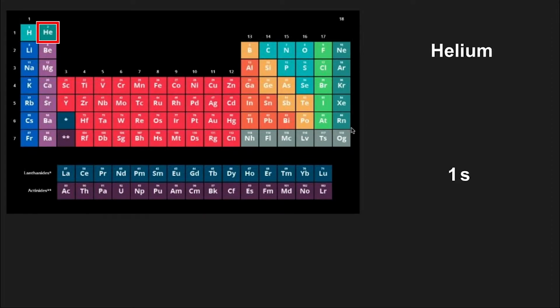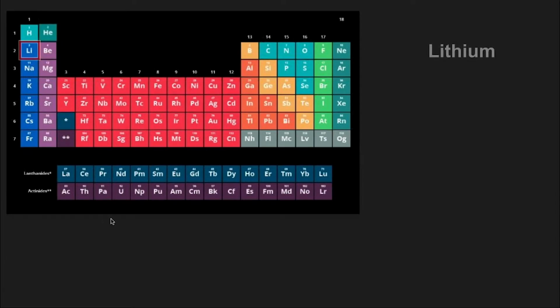Our superscript this time is going to be 2, because neutral helium has 2 electrons. And we mentioned earlier that an S subshell has only 1 orbital, meaning it can hold 2 electrons. So this notation tells us that this subshell is completely filled with 2 electrons. And this leads to the highest level of stability, which is one of the main reasons why helium is considered a noble gas, because its subshell is completely filled.